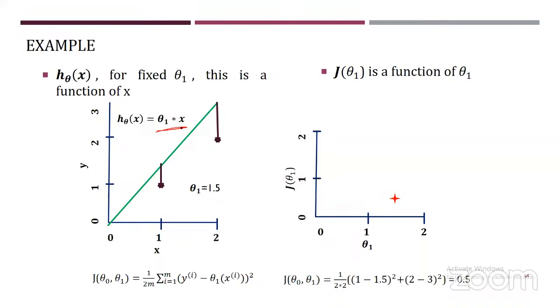Here in this case, again the equation is the same, theta 1 into x, but the value of your theta 1 has changed from 1 to 1.5. Now let's see how it is going to work.